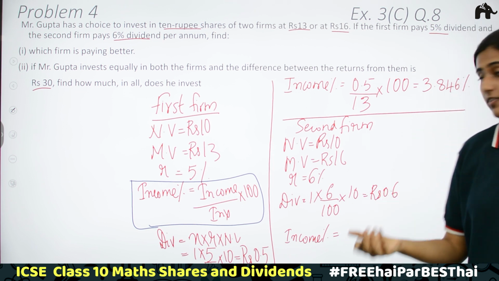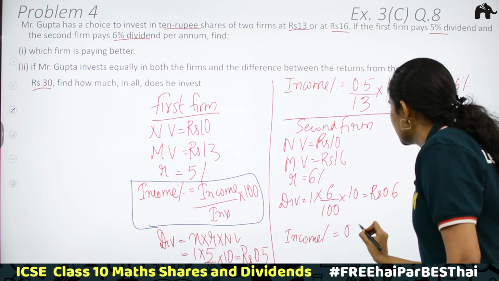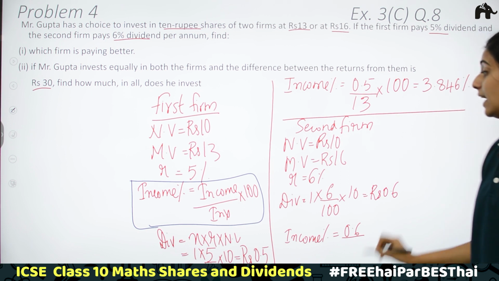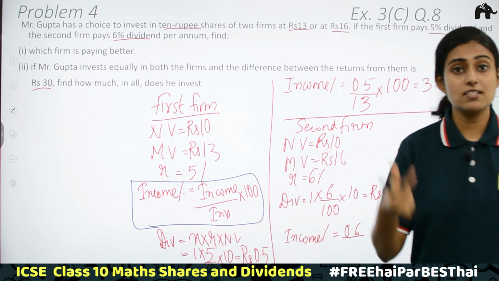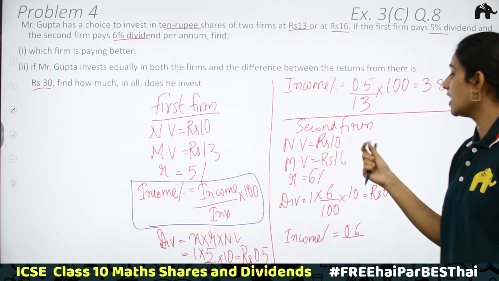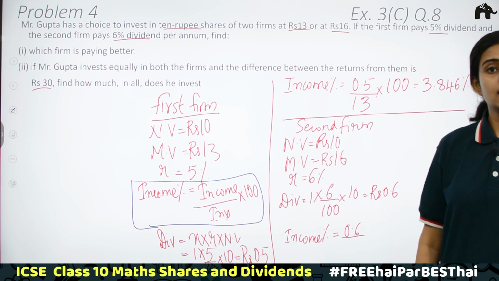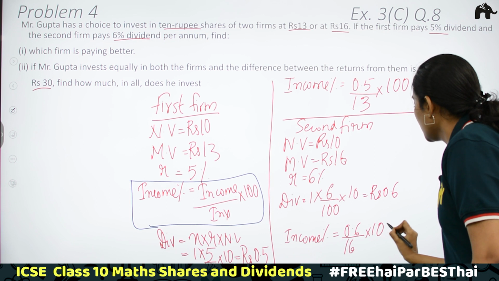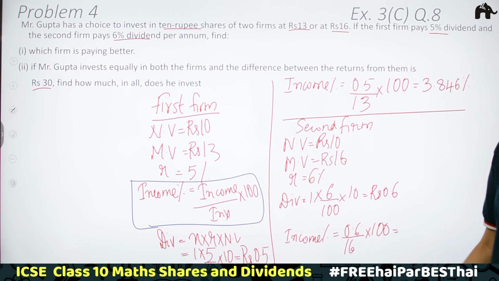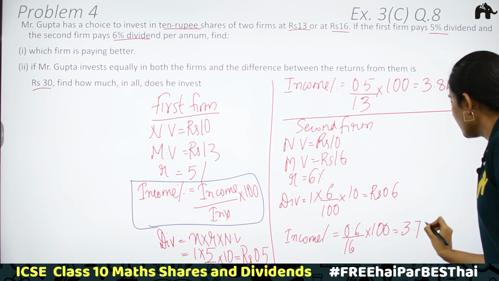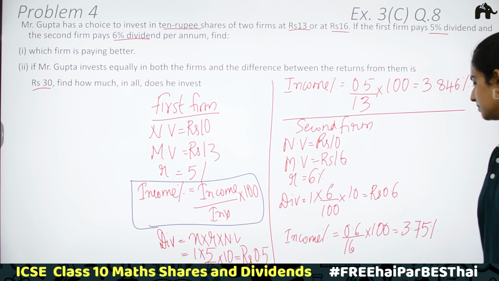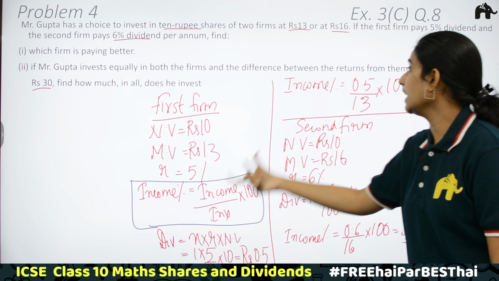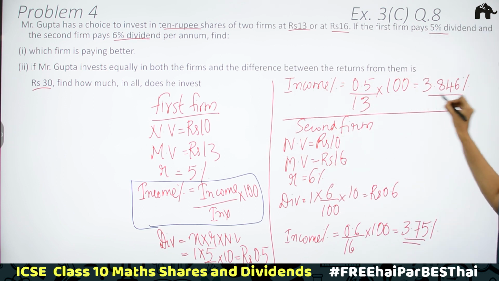Income is the dividend. 0.6 by investment. Investment is the market value of 1 share. Here the market value of 1 share is rupees 16. 16 into 100. When you do this, you will get 3.75%.